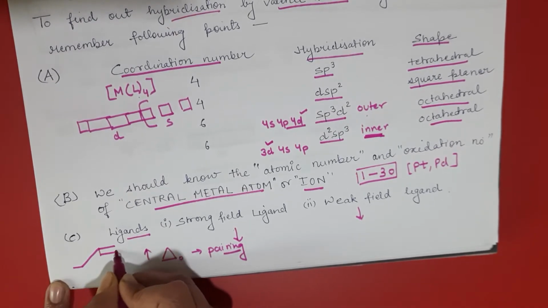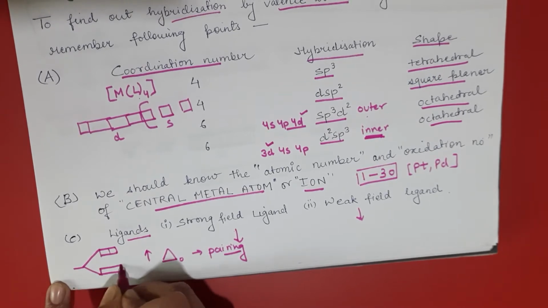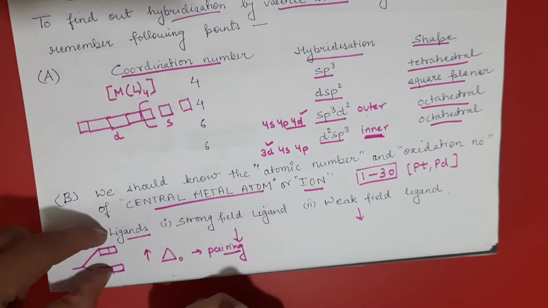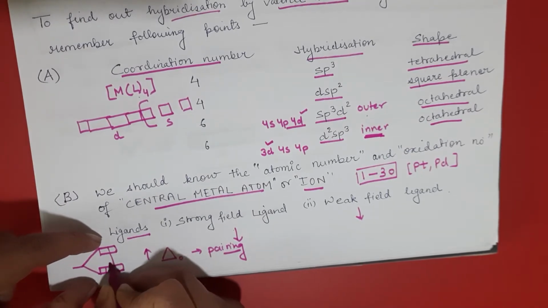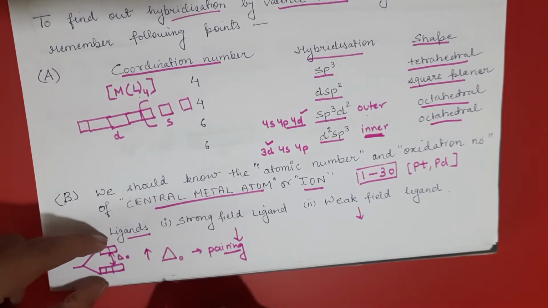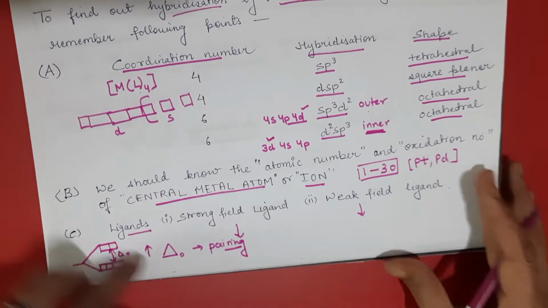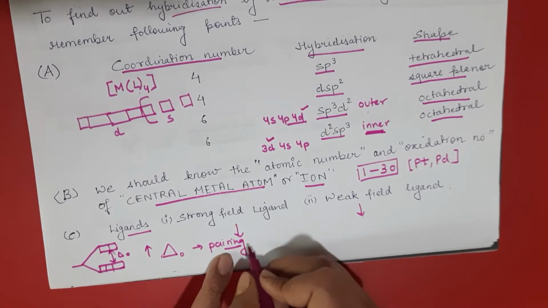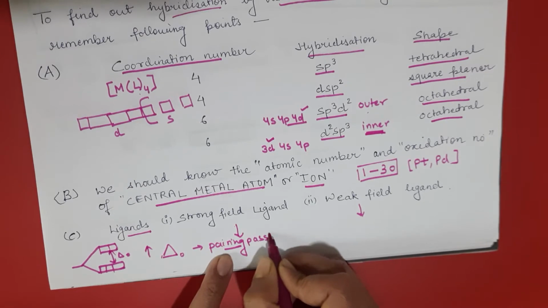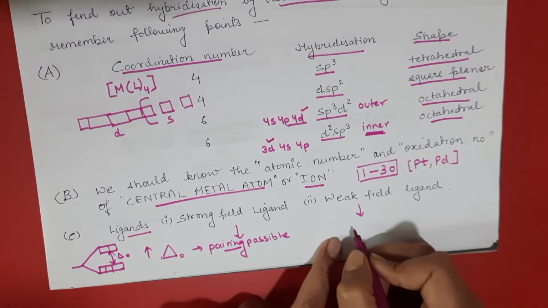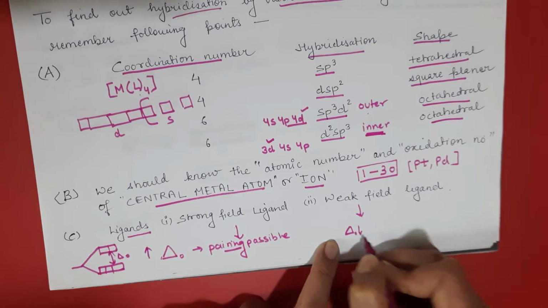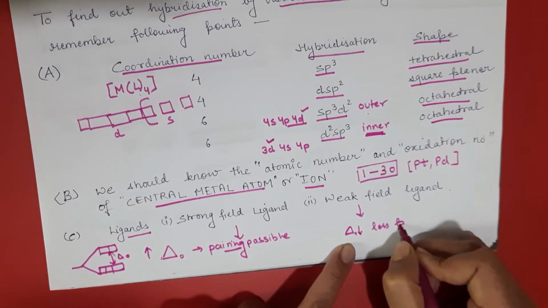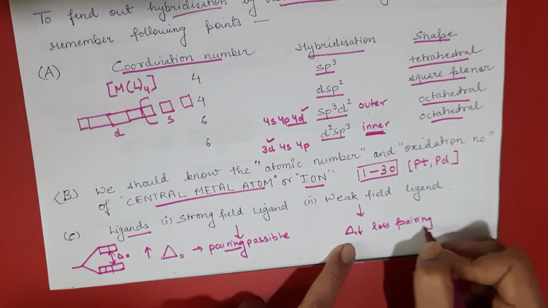It is the energy gap between these two d orbitals. So with a strong field ligand, delta naught is very high and pairing will be possible. If there is a weak field ligand, delta naught is very low and there is less possibility of pairing.